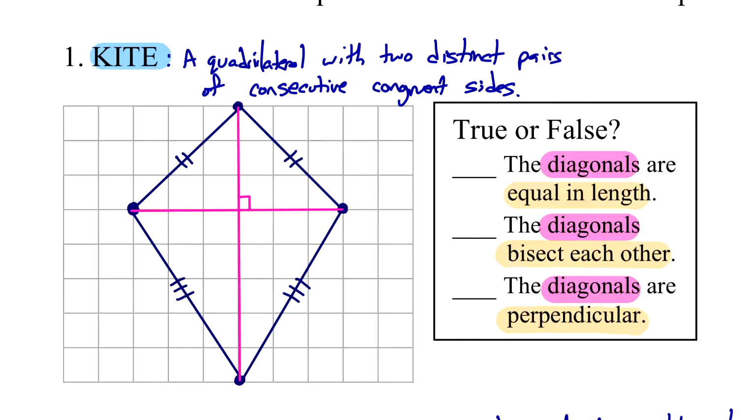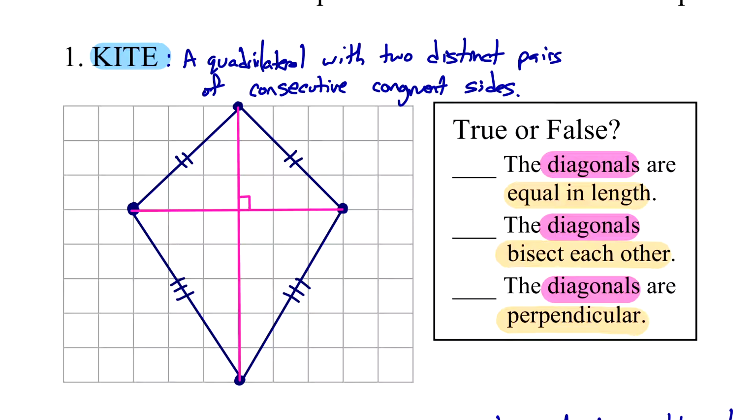All right, so I've put the definitions there as you're copying this down or drawing out your shape, just so we could have them. It looks a little bit sloppy, but hopefully you can read that. So a kite is a quadrilateral with two distinct pairs of consecutive congruent sides.